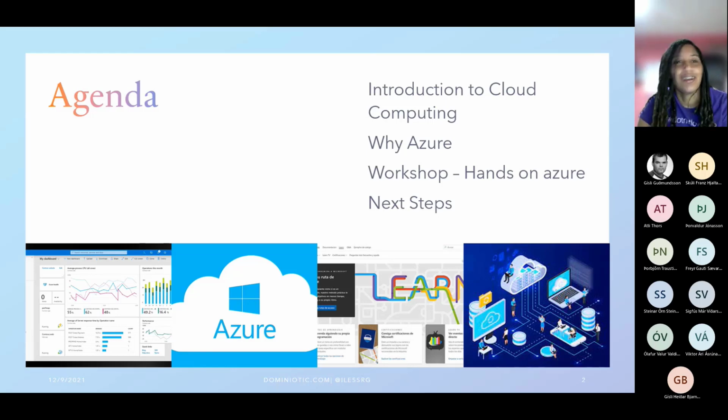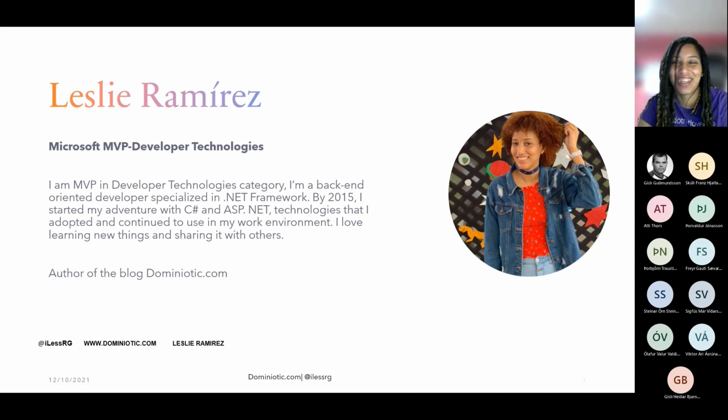So before we get started, I'm going to introduce myself a little bit. I'm a Microsoft MVP in the Developer Technologies category. I'm a backend-oriented developer specialized in .NET Framework. I started to write code in .NET in 2015, and I started my adventure in C# technologies, and I adopted it and continue to use it in my work environment as well.